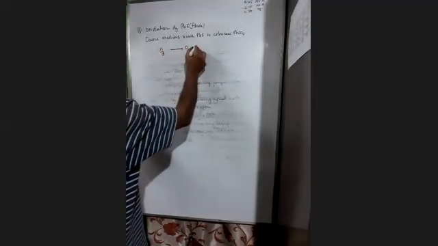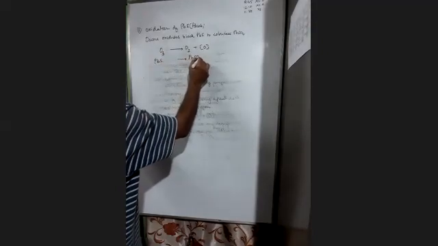Again here I'm going to do it as a partial equation. So O3 will be O2 plus O. See here, PbS. What is the product? PbSO4. See, life becomes so simple. How many oxygens are there? 4.